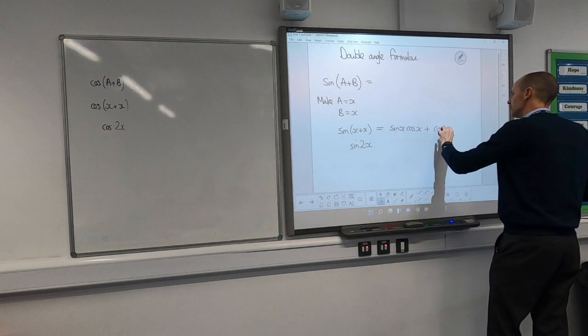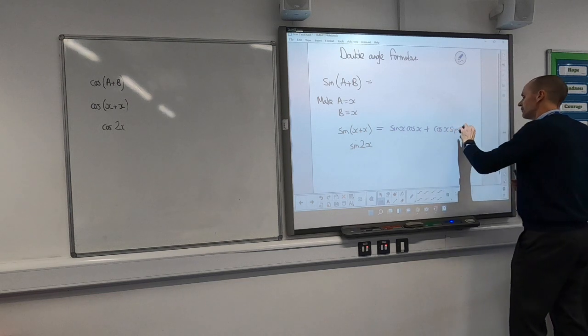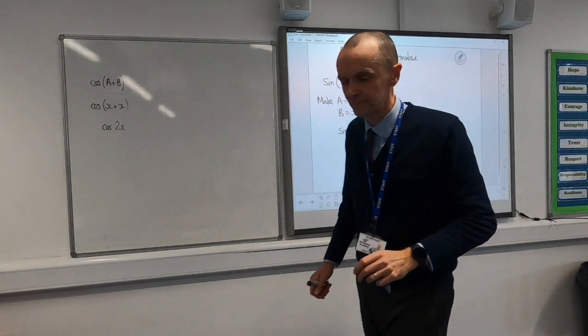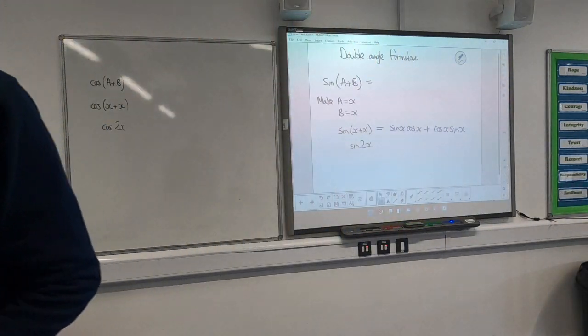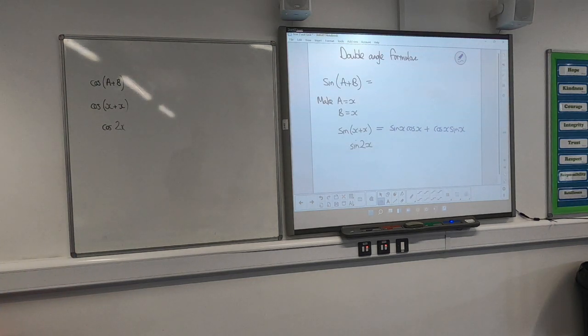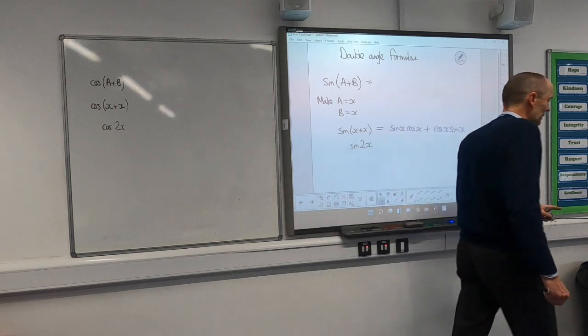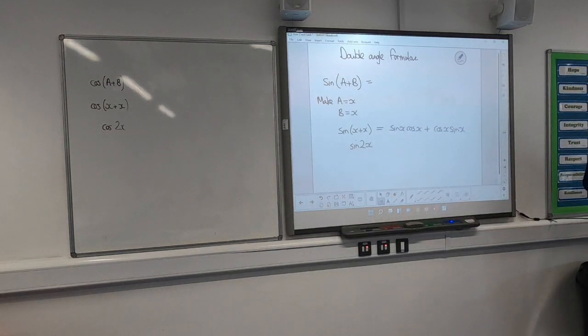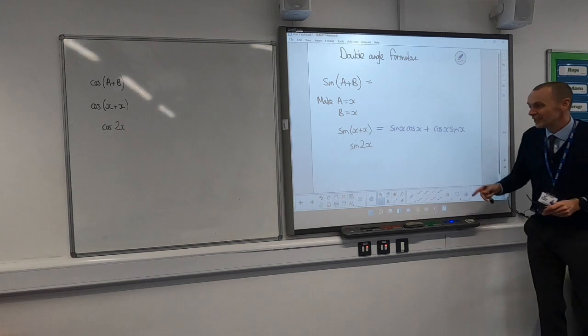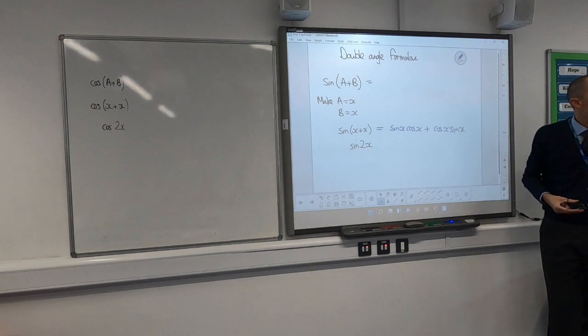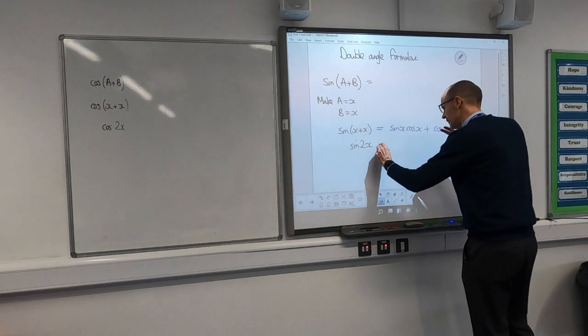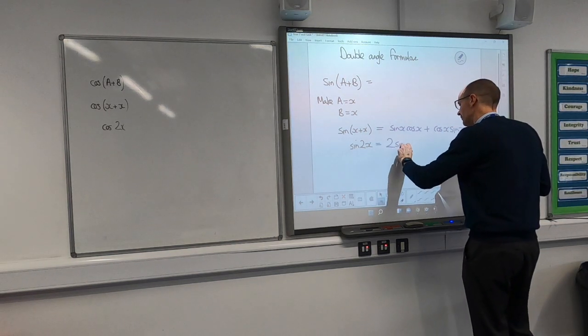So you get something like that. What can you tell me, Pat, about cos x multiplied by sin x and sin x multiplied by cos x? Does it equal 1? Doesn't equal 1, but it's certainly the same thing, isn't it? We've got two lots of the same thing. So we write it like this.